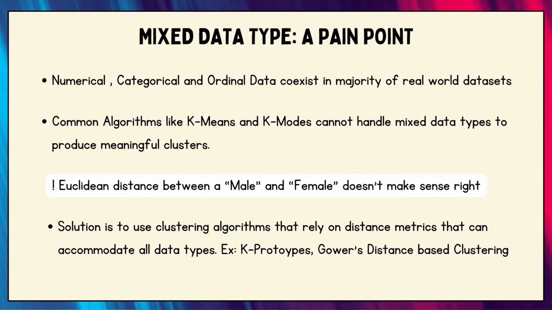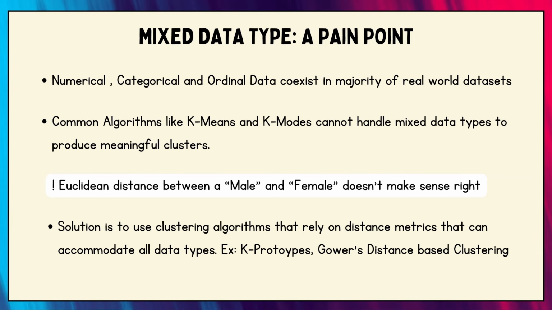Similarly, k-modes algorithm cannot handle numerical values because k-modes uses some sort of distance metric which is only suited for categorical columns, like Hamming distance. Well, if you want to know more about these distances, I can cover them in more videos. Just put it down in the comment. So, as I said, the Euclidean distance between a male and female or any categorical values doesn't make sense.